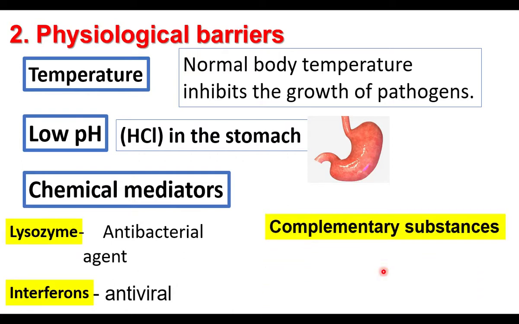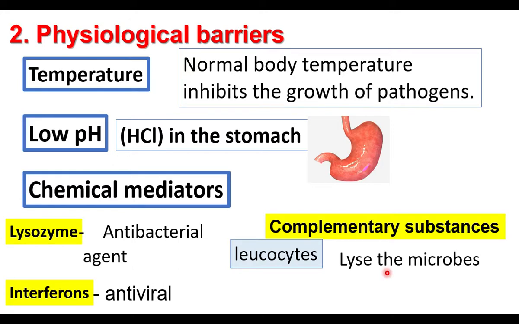Complement substances are produced by leukocytes. These complement substances destroy the pathogens, they lyse the microbes, and they form a coating around the foreign disease-causing agents so that the phagocytic cells do their work. The coating over the foreign agents facilitates phagocytosis.